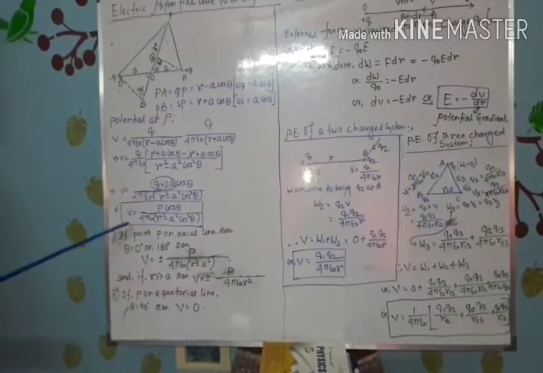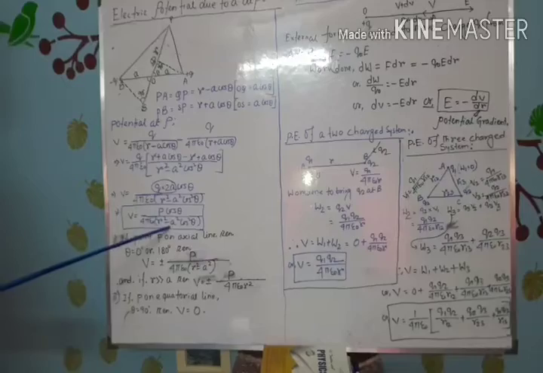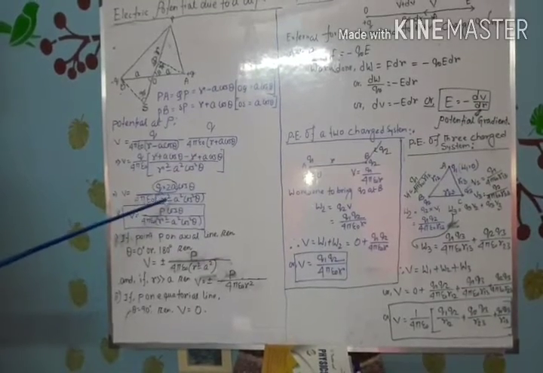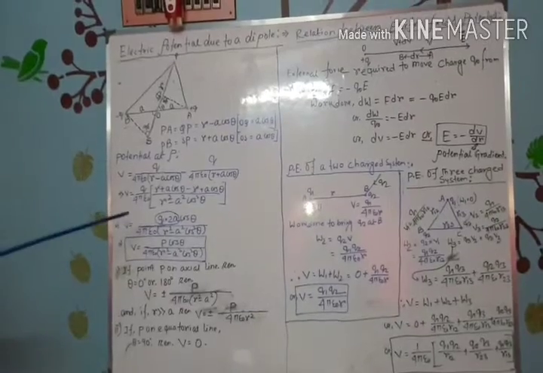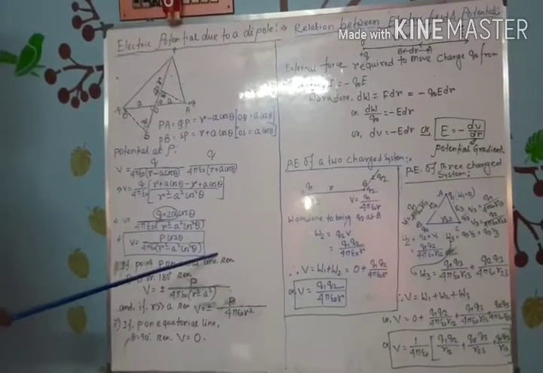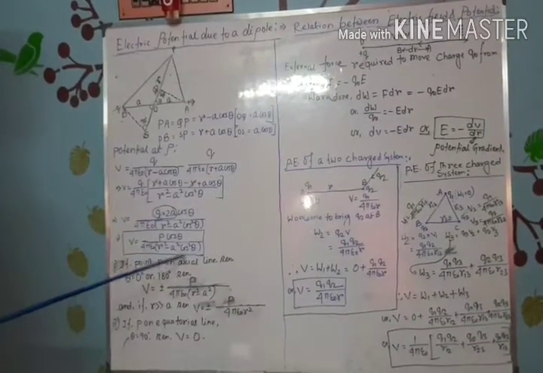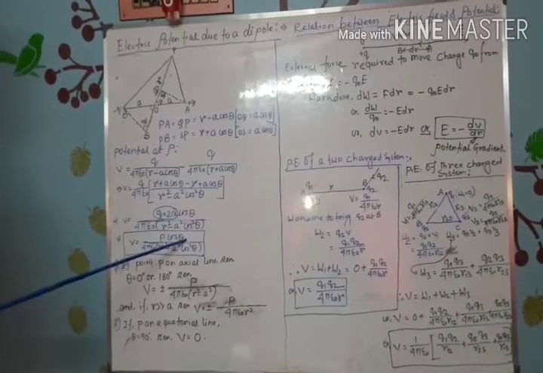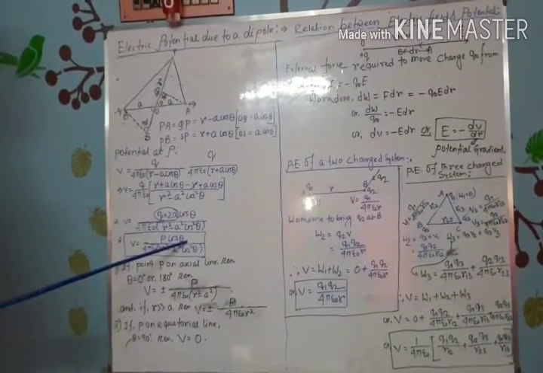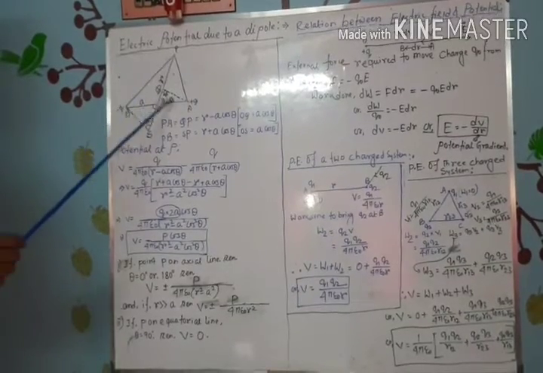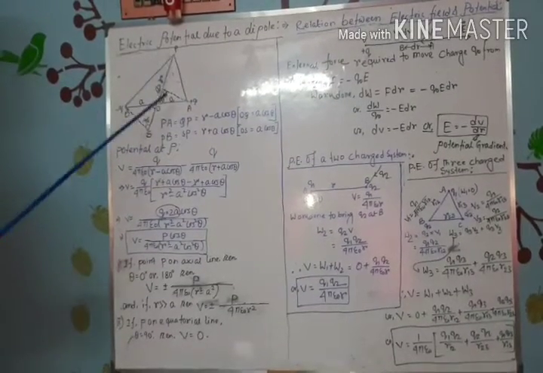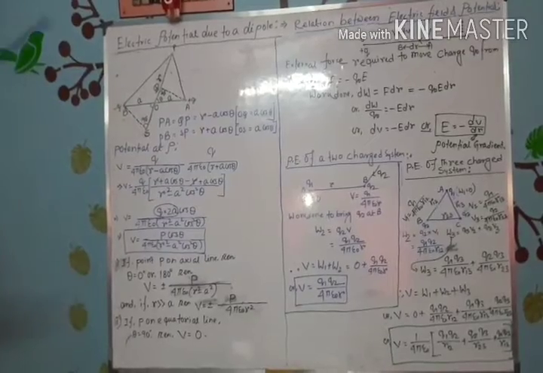This is the general expression for electric potential at an arbitrary point P, which is situated at a distance r from the midpoint of the dipole. Here one thing you have to remember: what is theta actually? Theta is the angle between the dipole moment and r.